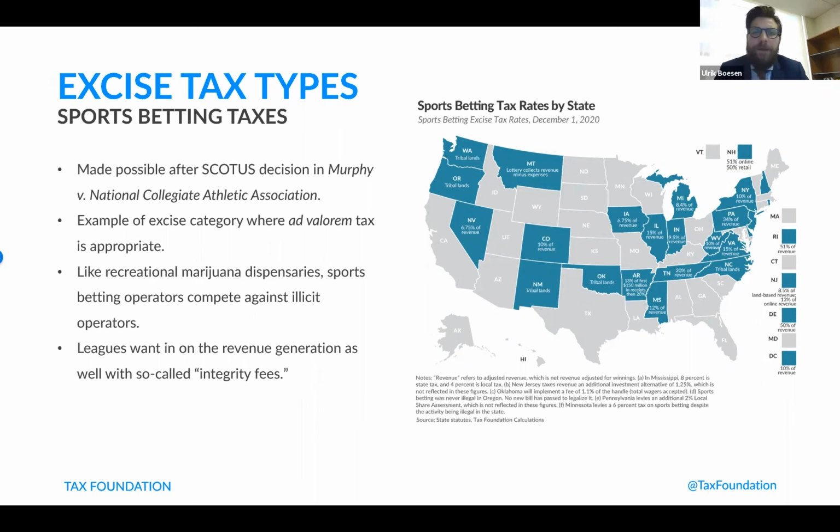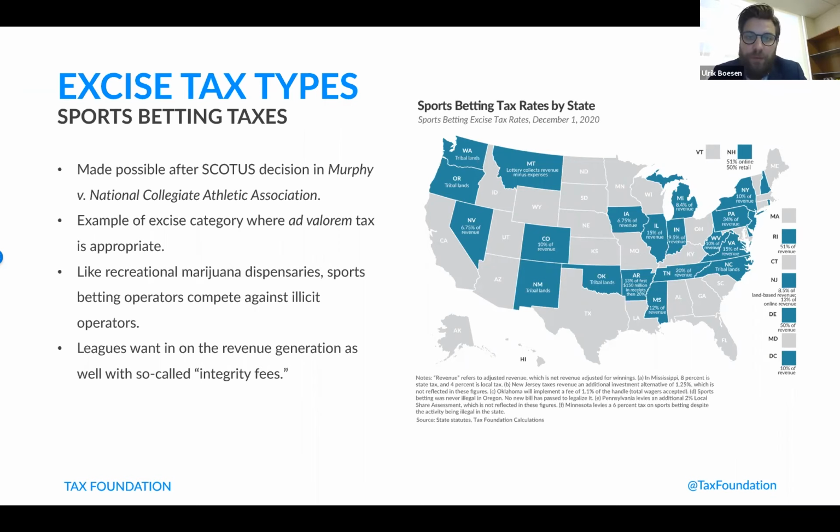An interesting concept that we haven't seen in very many other areas of taxes is this so-called integrity fee. So an integrity fee in sports betting is something that the sports leagues have advocated for, basically asking for 1% of the handle.